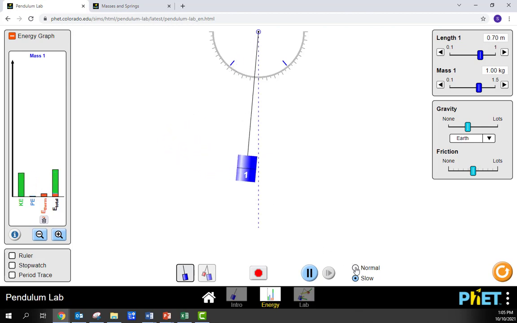This is more obvious if I bring things up to full speed. Thermal energy slowly grows. Potential energy and kinetic energy are no longer as big. And the pendulum slowly decays down to where it won't oscillate any longer.